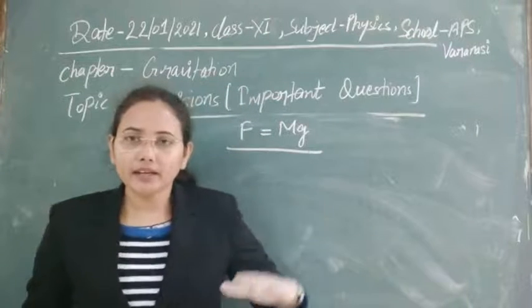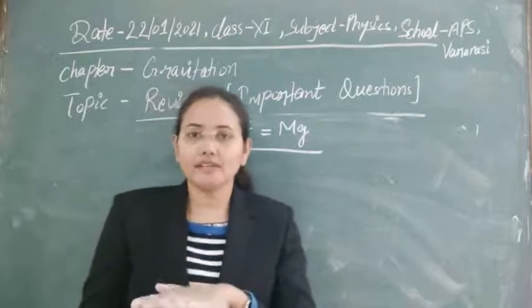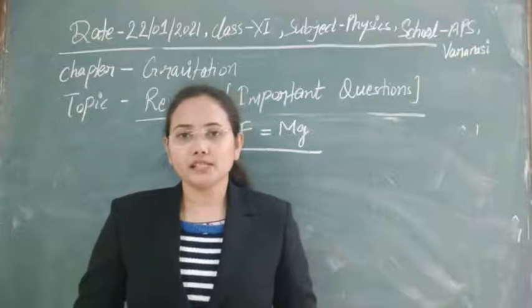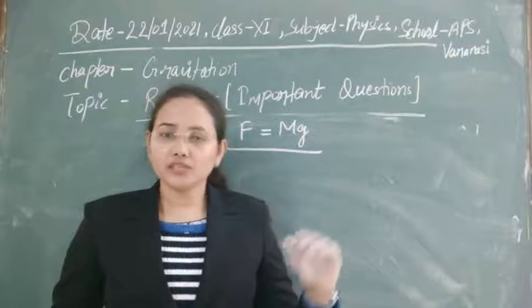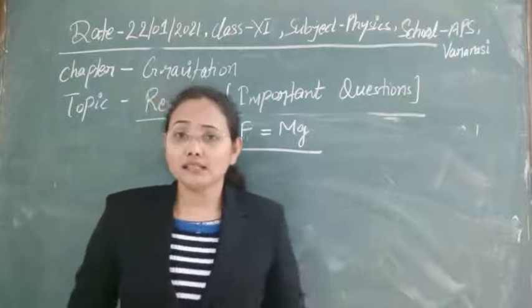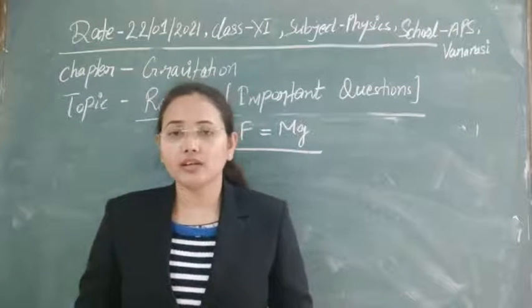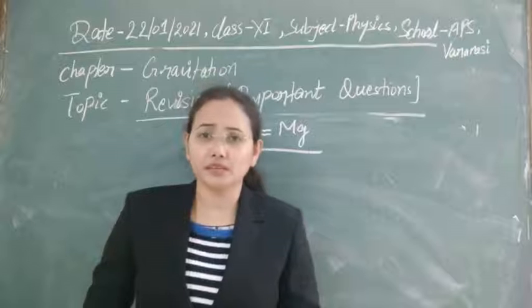At the surface, we measure g as 9.8 meter per second square, or sometimes we take 10 meter per second square.